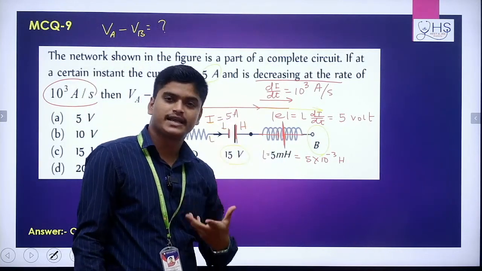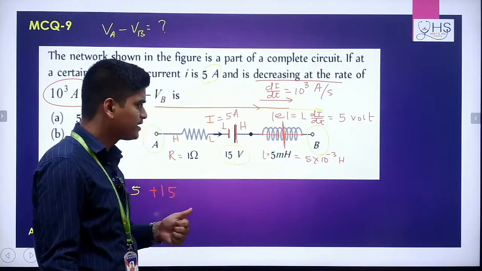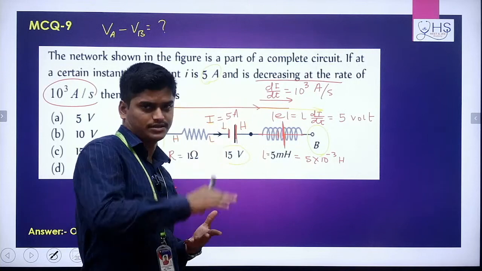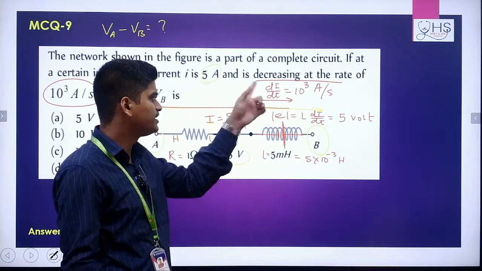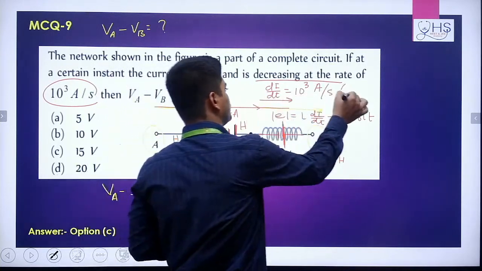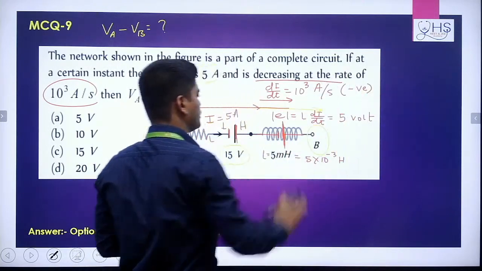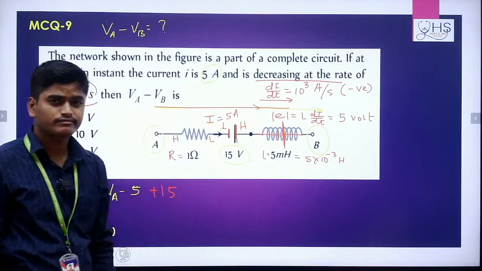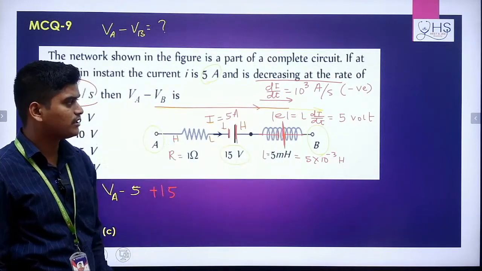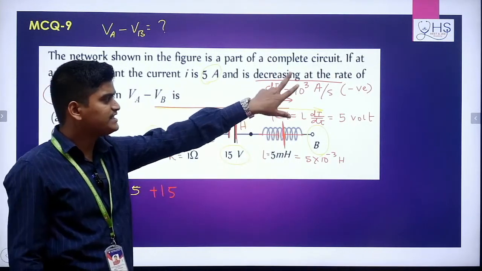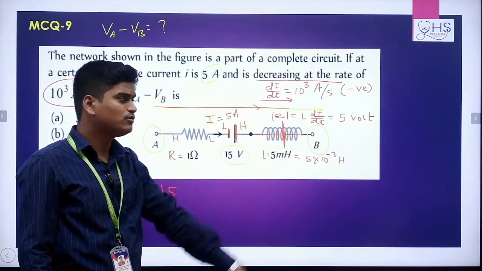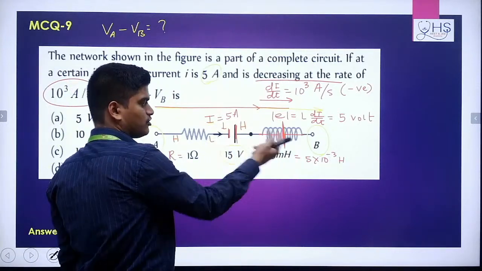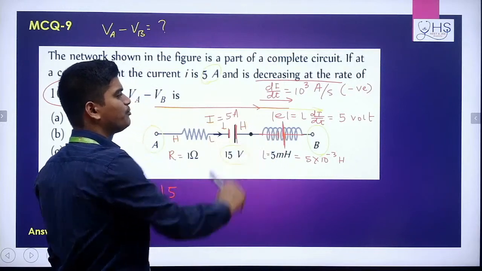Inductor is acting like a cell, and now the inductor will try to increase the current. If di by dt is increasing, then the inductor will try to decrease it. So this means the terminals will be the opposite way, both positive and negative terminals.